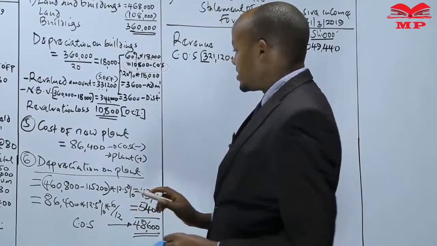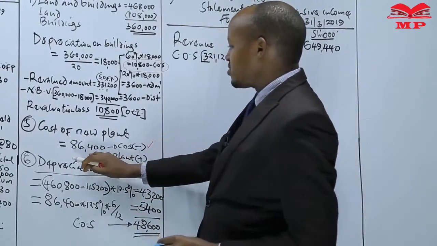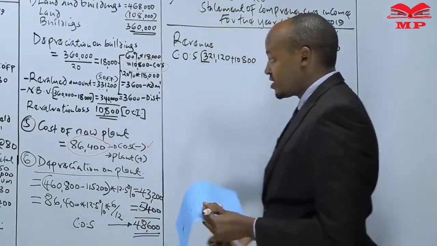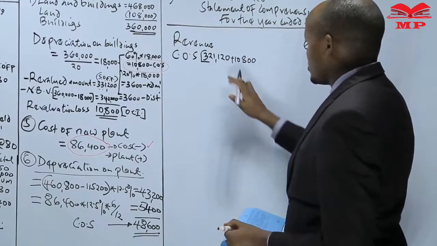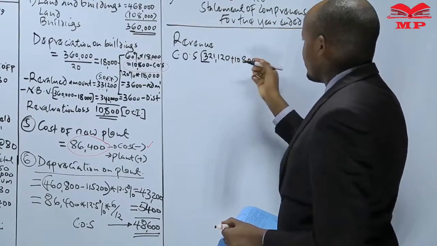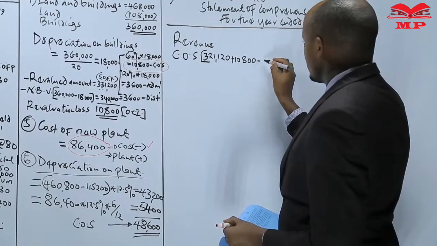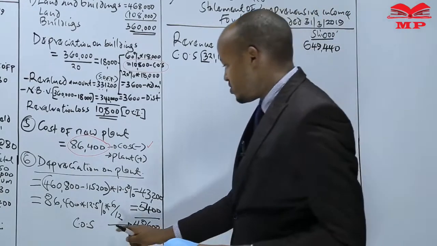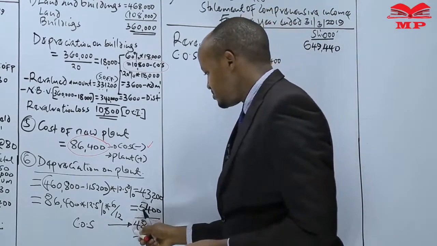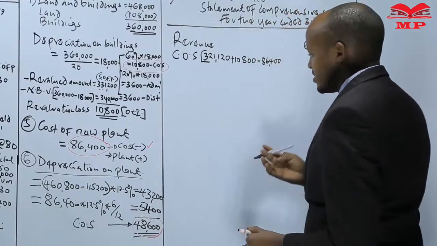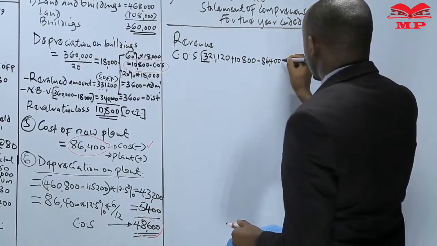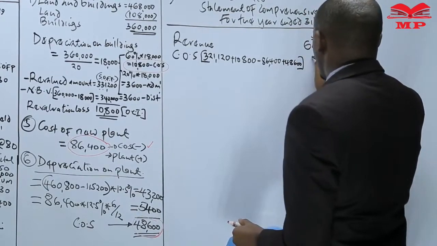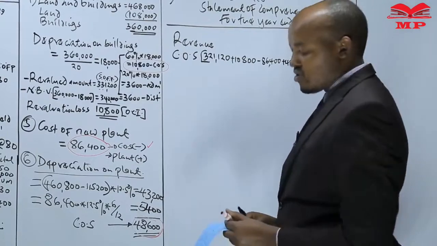First of all, before we make the adjustment, we are told that the cost of the new plant was included in the cost of sales, and that is wrong. So from that figure, we need to less the cost of the new plant, that is 86,400, and then we include this depreciation on plant, which is 48,600. Yes, and then we get our figure for the cost of sales.